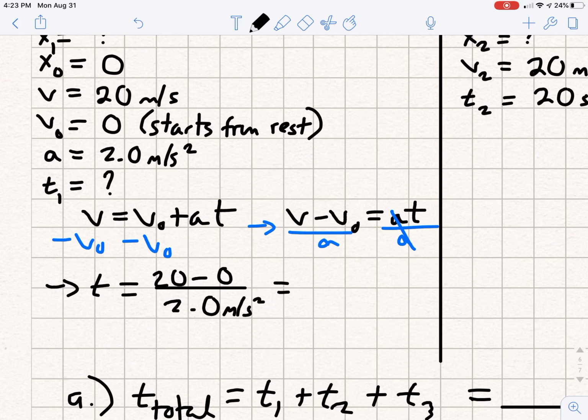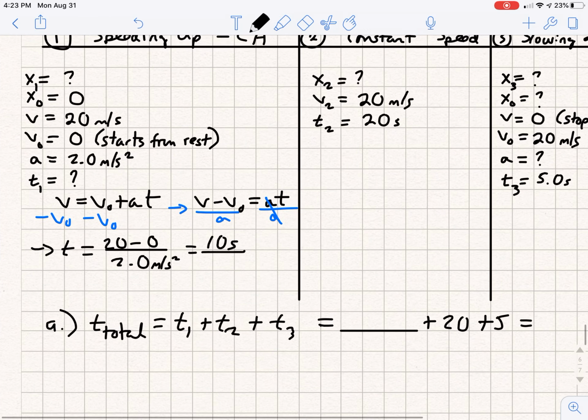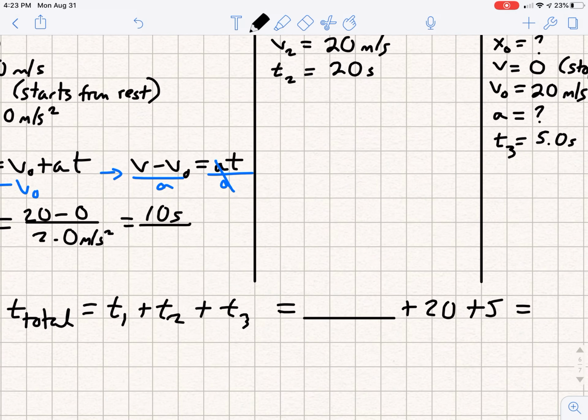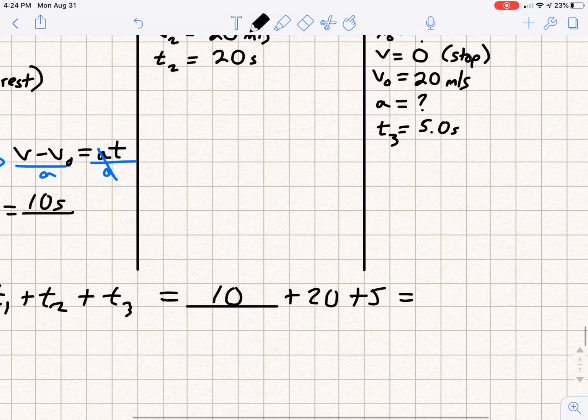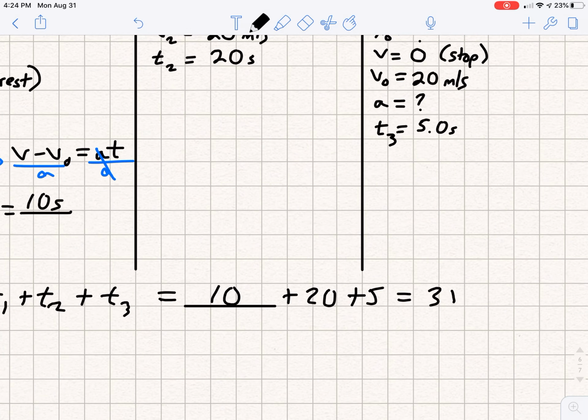Meaning it takes 10 seconds to speed up to 20 meters per second. So 10 plus 20 plus 5 is a total of 35 seconds for this trip.